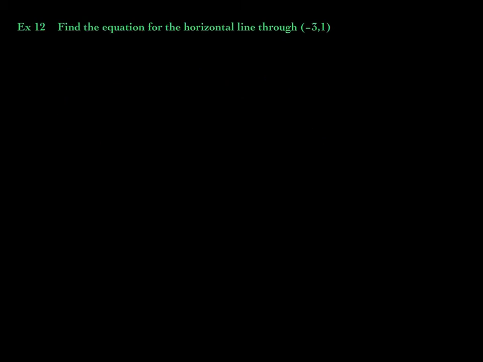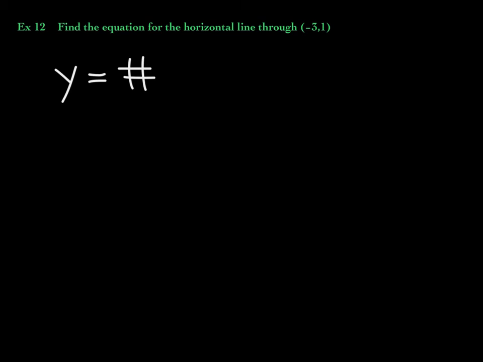All right, find the equation for the horizontal line through -3, 1. Do you remember from a previous lesson that all horizontal lines, first of all, have slope 0, and their equations look a certain way? All of the equations for horizontal lines look like this: y equal to a number.